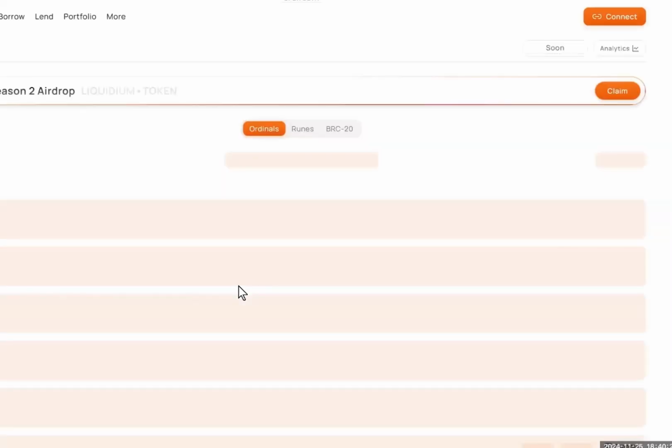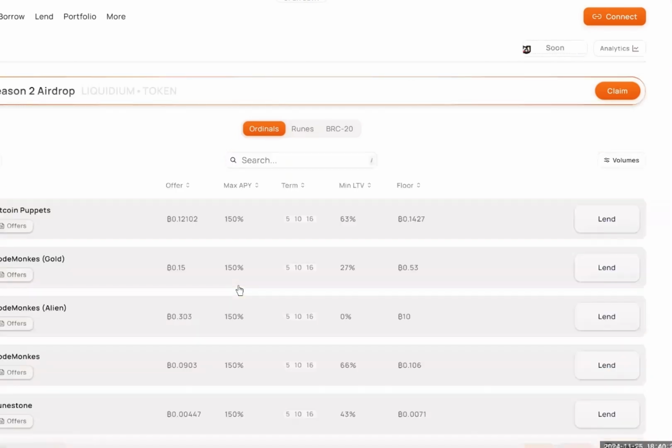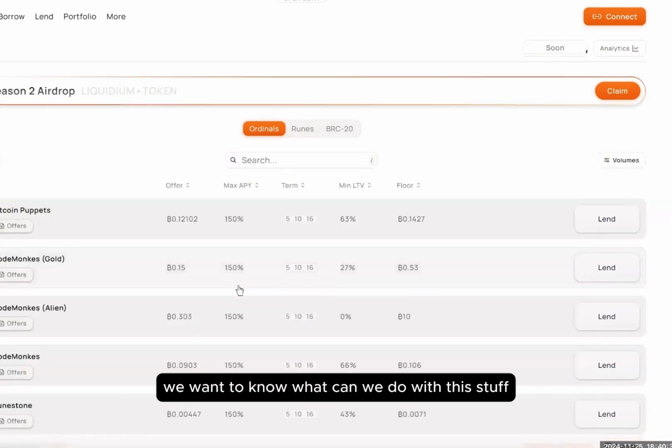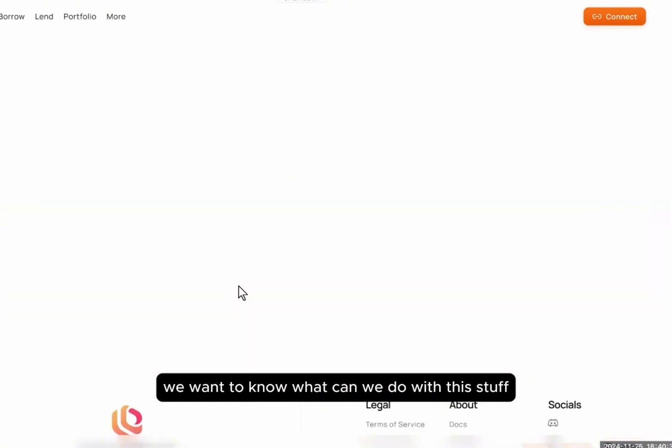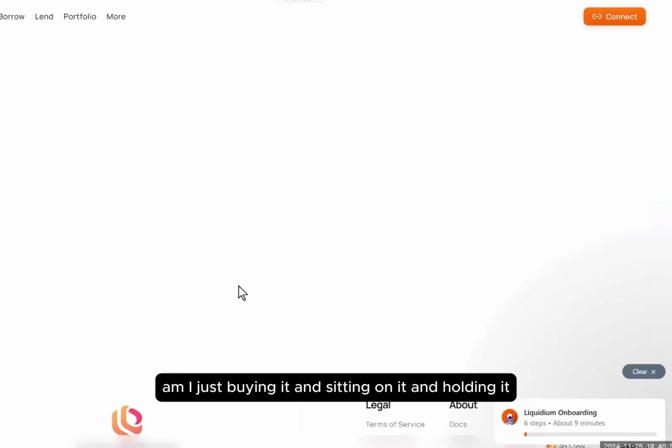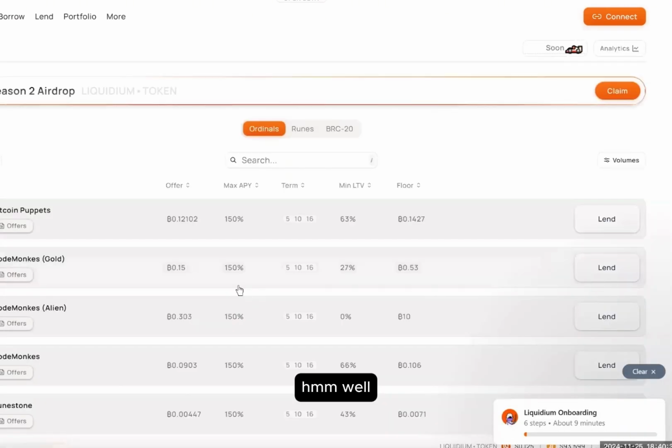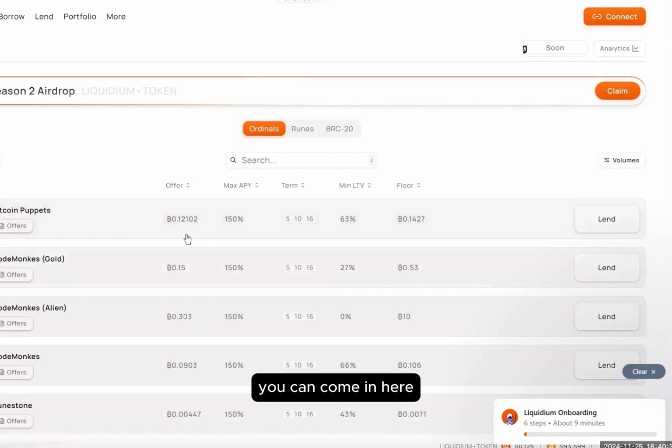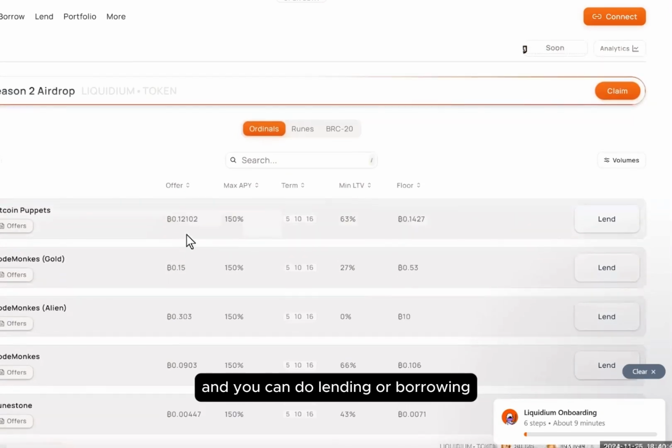Launch app. Because again, we want to know, what can we do with this stuff? Am I just buying it and sitting on it and holding it? Well, you can come in here and you can do lending or borrowing.